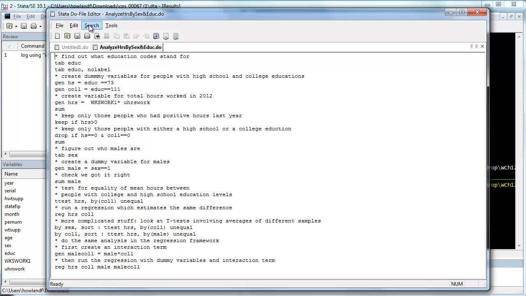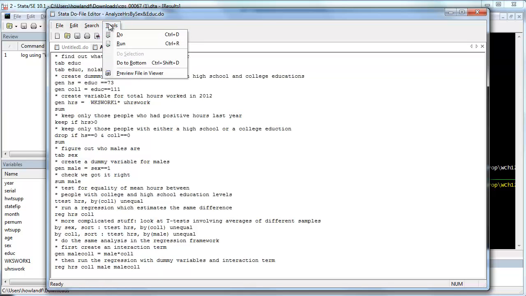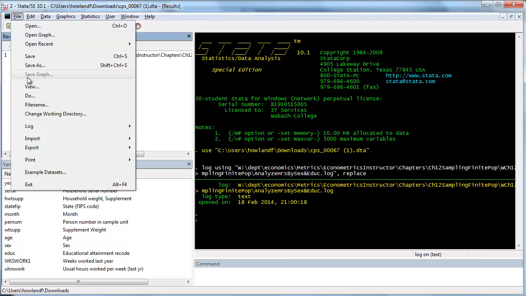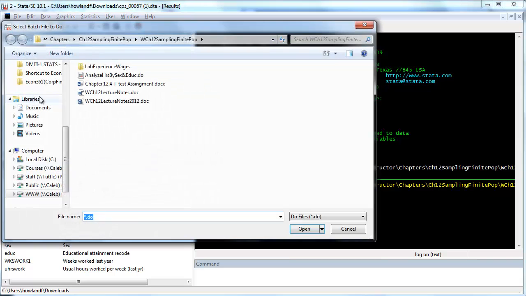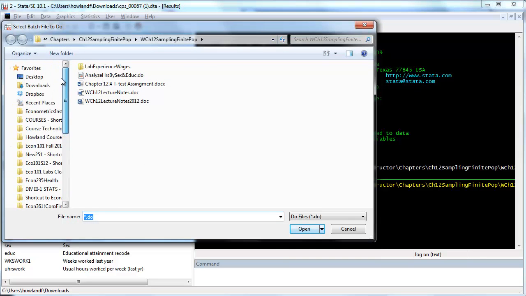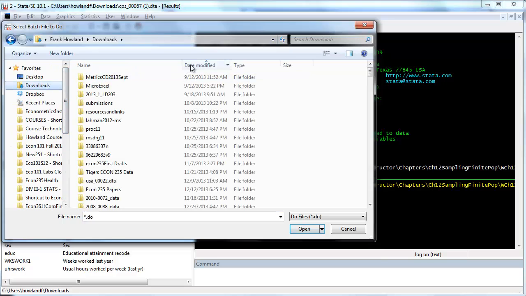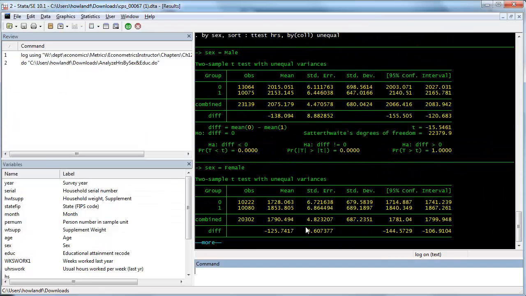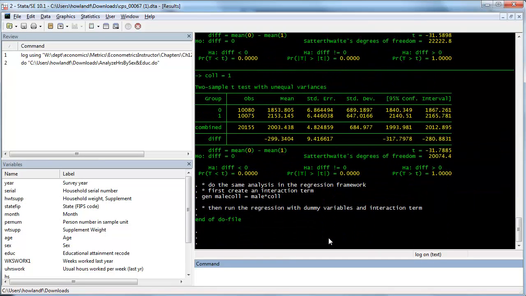One way to do that would be to do tools and run. Another way would be to go back to the main data setup, go to do, and let's see, I actually need to go to downloads because that's where the most recent version of this is. There we go. So it's going to do a bunch of stuff all at once. That's what a do file does, and in fact, not quite done.